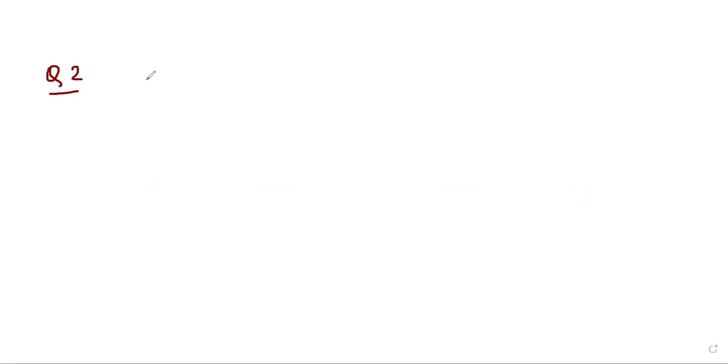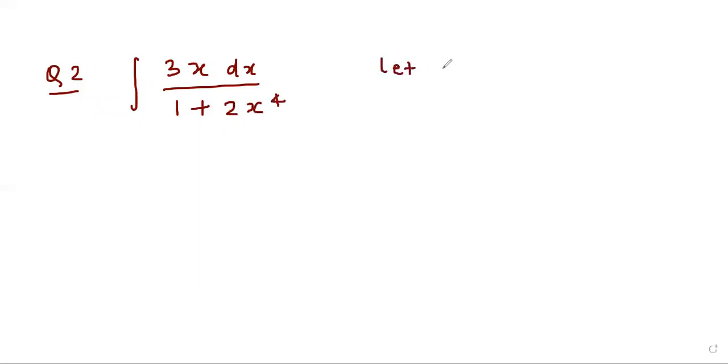Question number 2. Integration 3x dx divided by 1 plus 2x power 4. Let root 2 x square equal to t. So if we differentiate, root 2 times 2x dx equal to dt.